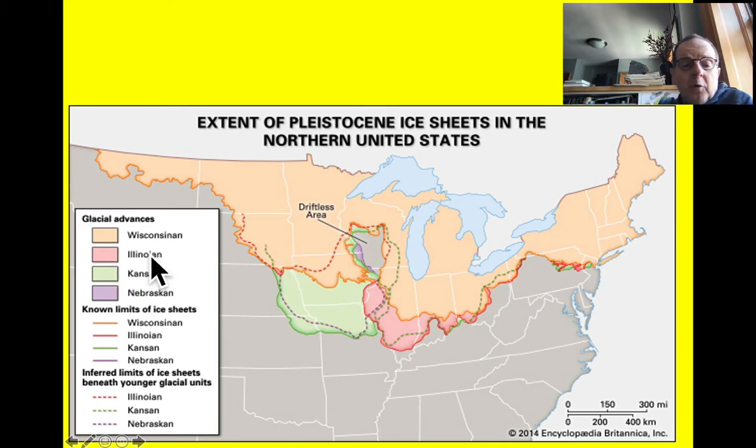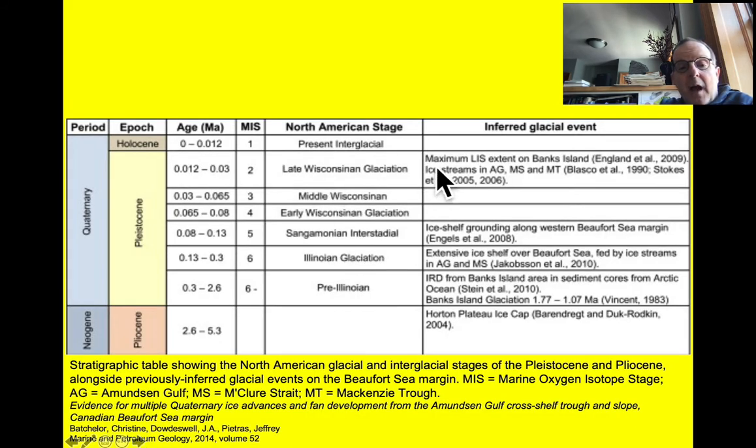We also see older glaciations. So Wisconsin separated by interstadial period. It wasn't as severe a warming. Then that separated Illinois from the Kansan, another period of glaciation, and then that separated from the Nebraskan, going back several million years, these different periods. And here you've got a little more detail, but I'm not going to go into any great detail here.